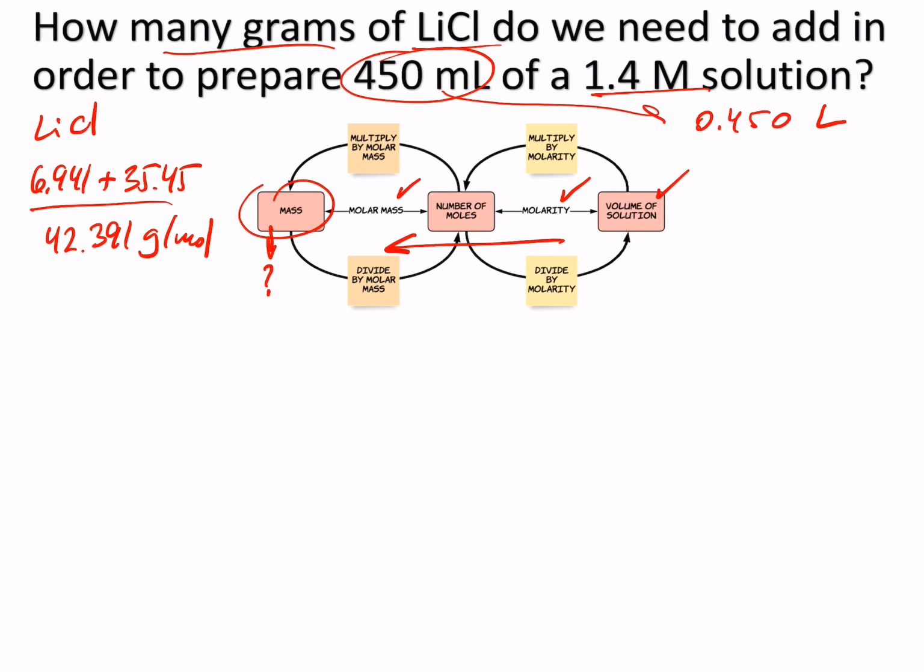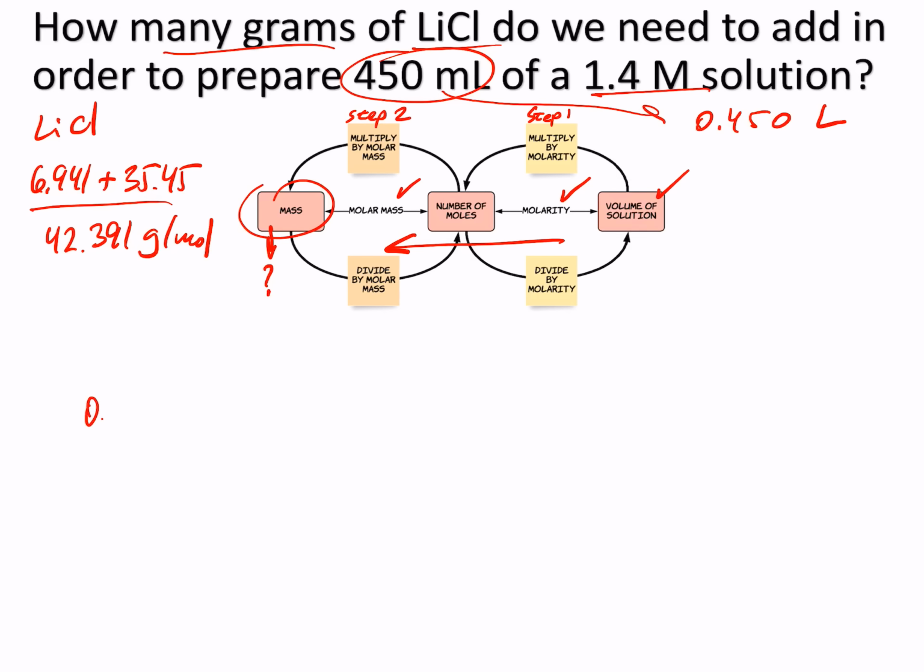Okay, we have everything. Now we are going in that direction. So first you take the volume, here is your step 1, multiply by molarity, and then this is your step 2, multiply by molar mass.